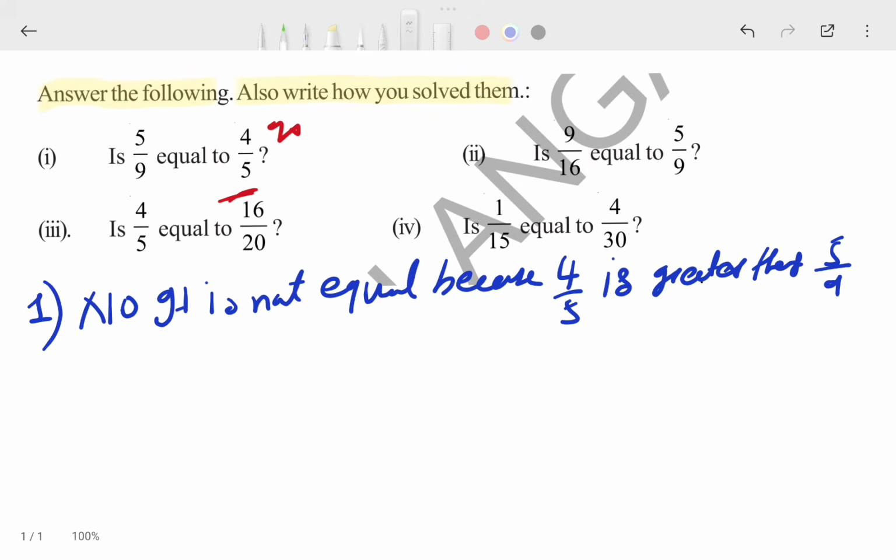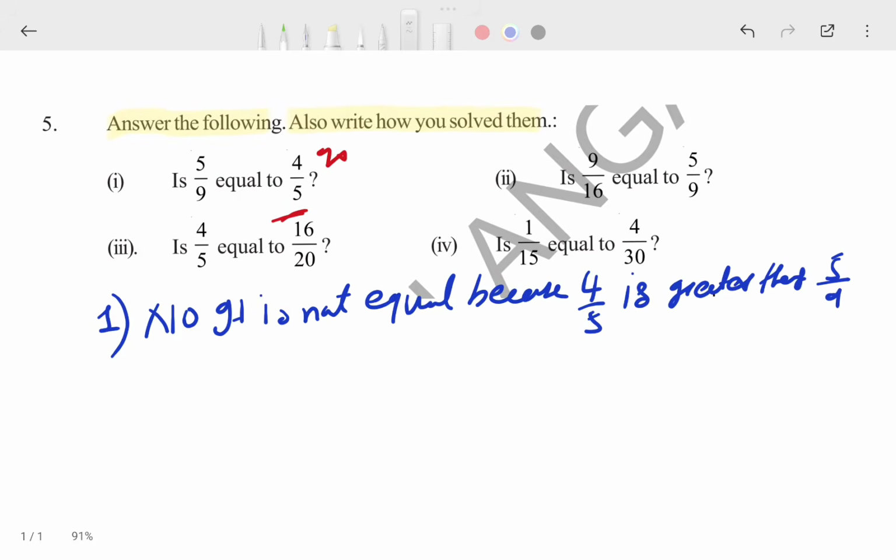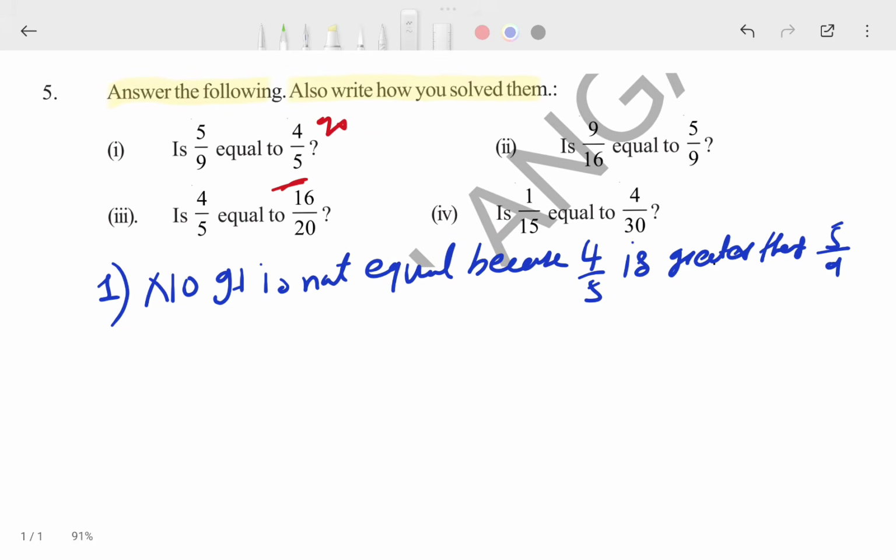That's why it is not equal. Okay, now let's check another question.